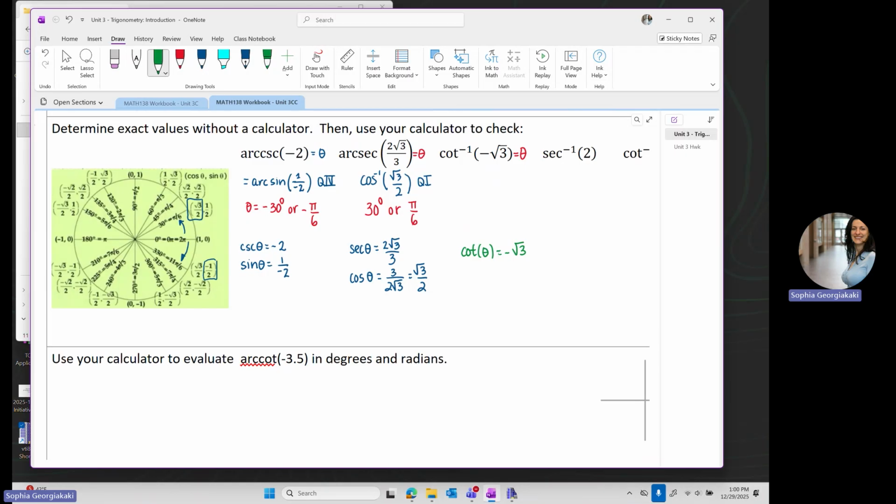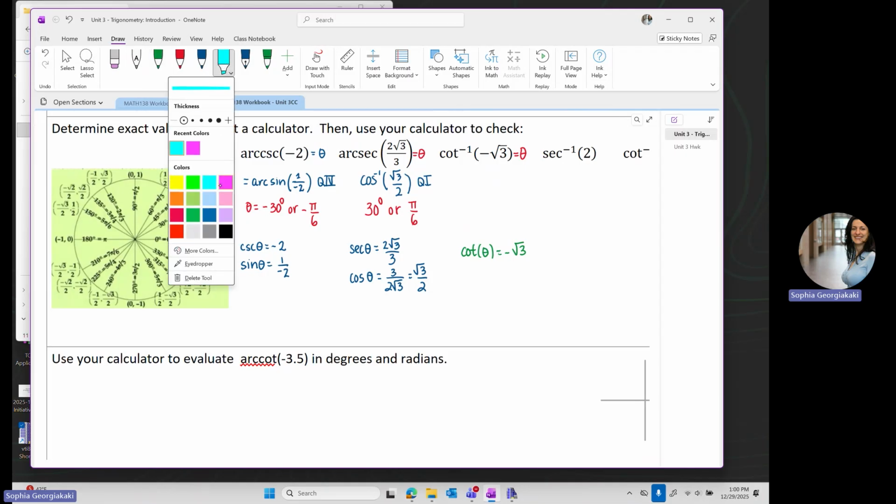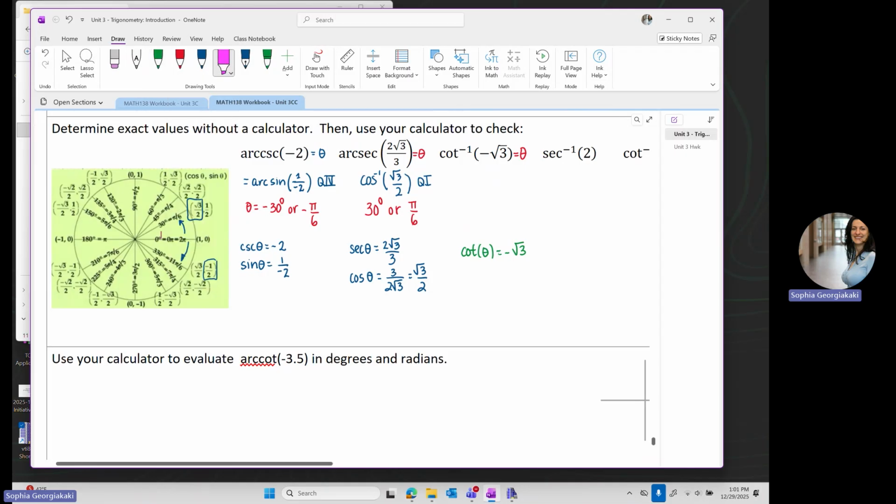But this is not the case for the cotangent, because the cotangent returns angles from 0 to 180. And negative cotangent will be in quadrant 2.